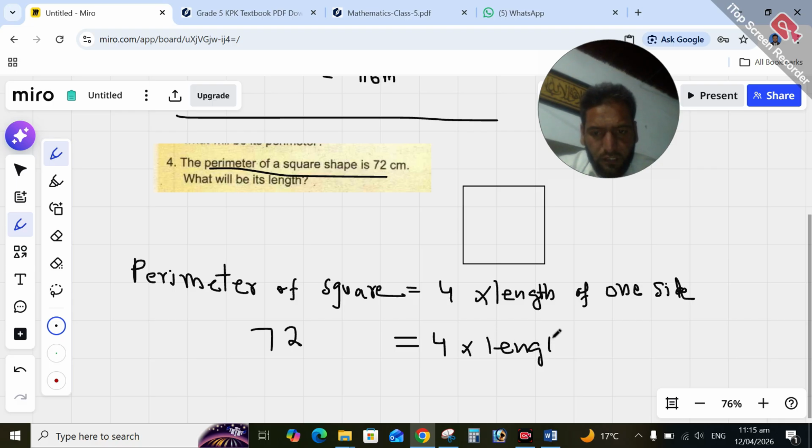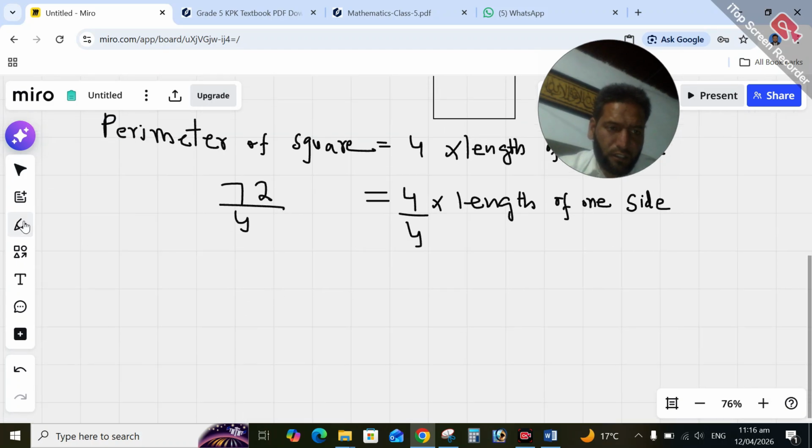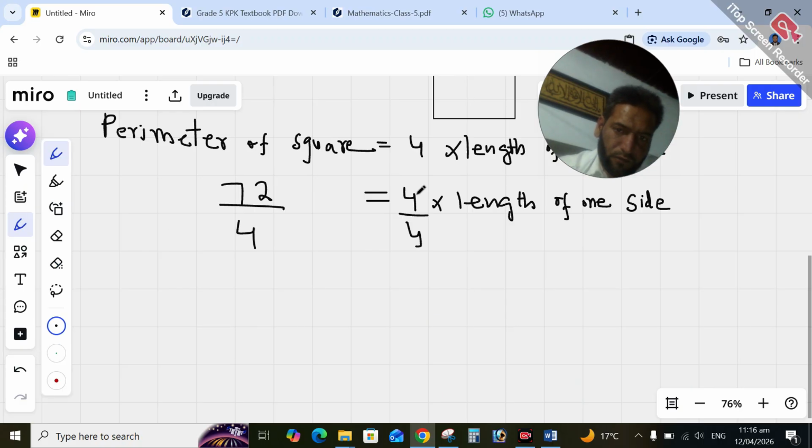First of all, let me divide both sides by 4. Here this is 4 and both sides are divided by 4. So 4 and 4 are cancelled, and 4 times 1 is 4, and 3 here carry, 4 eights are 32.